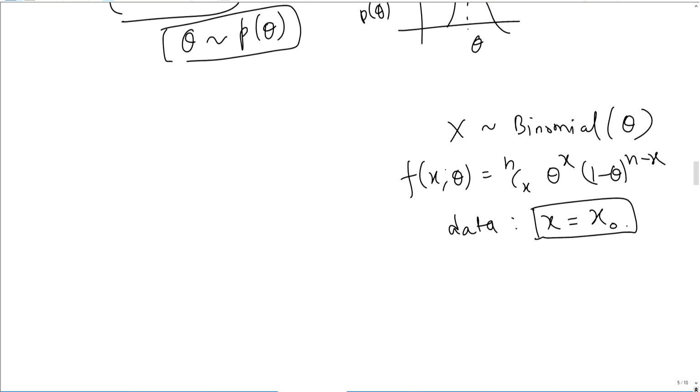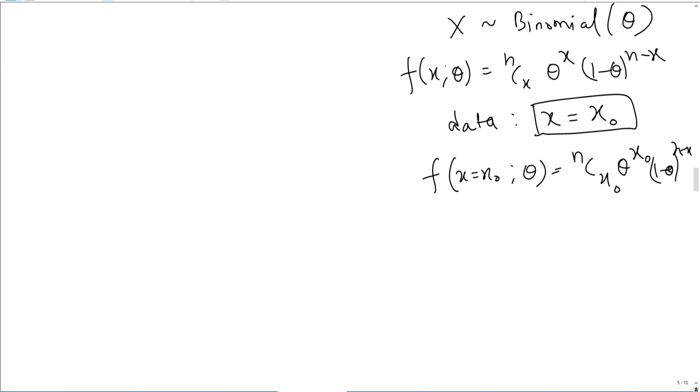Once the data is known, you can draw a graph of the likelihood function, which is a function of theta, because x is known. Let me write it like this: x is known to be x naught, and now it just remains a function of theta. So, you can write it as n choose x naught, theta to the power x naught, 1 minus theta to the power n minus x naught. Fine. So, this is your likelihood function.